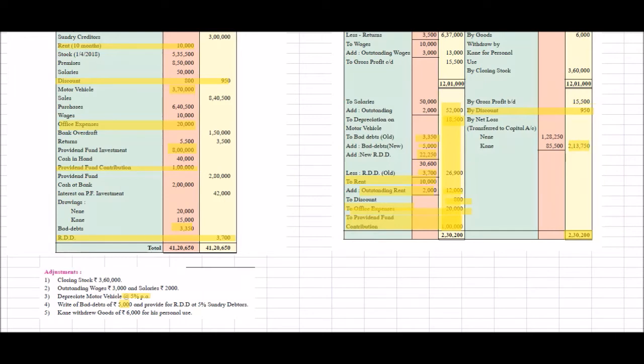2,13,750 rupees is the loss for the partners. We need to distribute this loss to the partners in the ratio of 6:4, as given in the beginning.